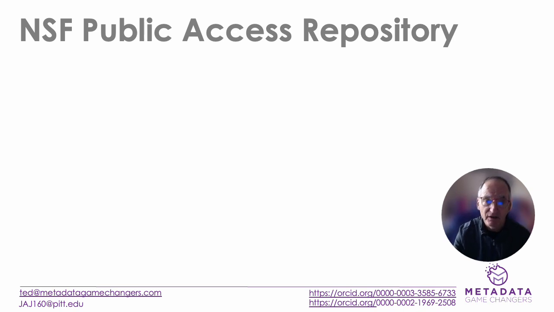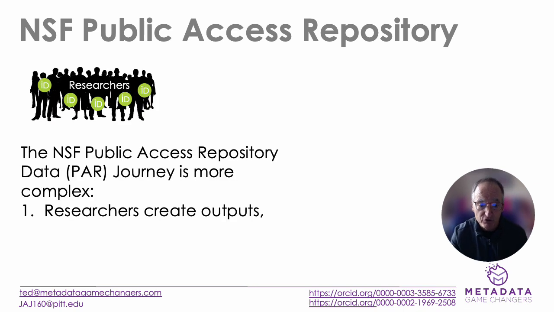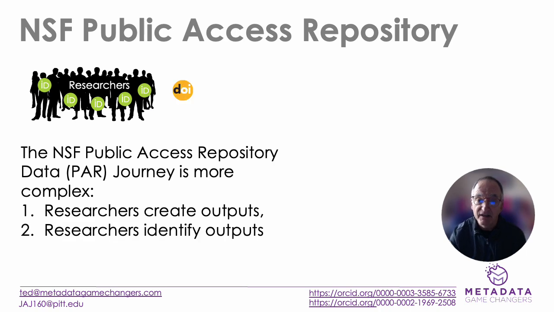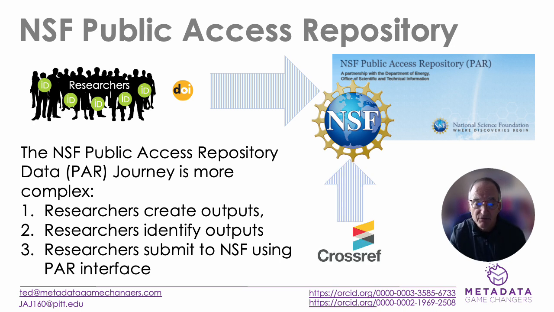The NSF Public Access Repository, or PAR, data journey is more complex. Researchers receive an award from NSF. They create outputs based on that research. They identify those outputs, and then they submit them to NSF using a PAR interface. There's also a backdoor into PAR through Crossref.